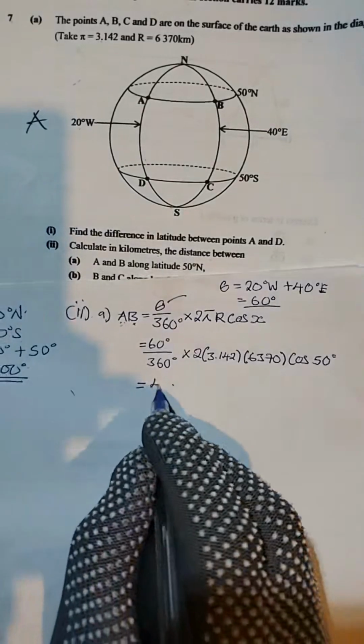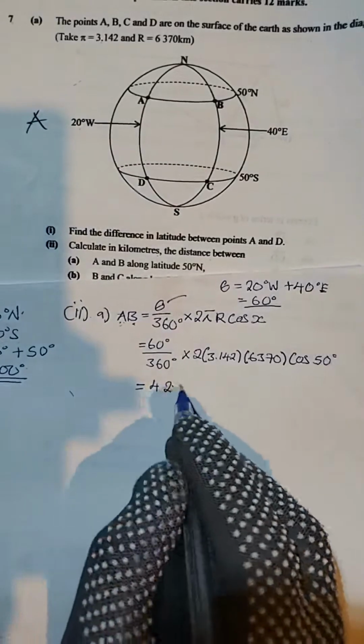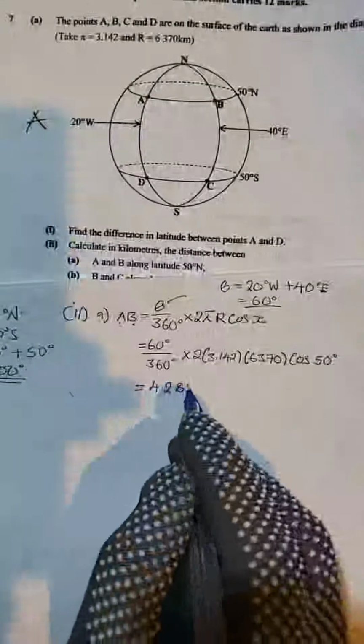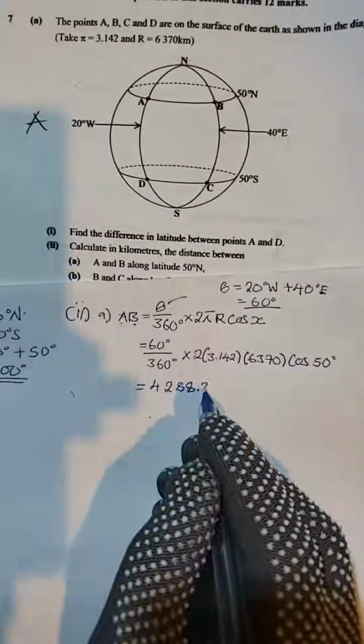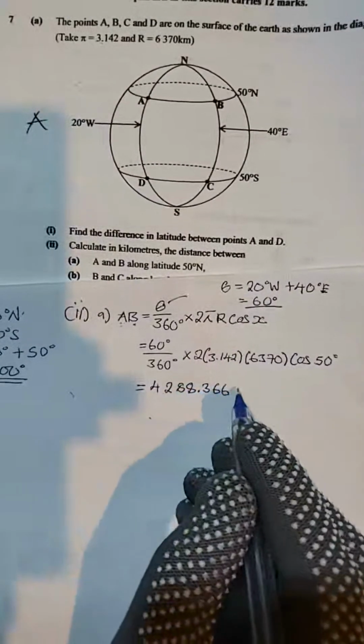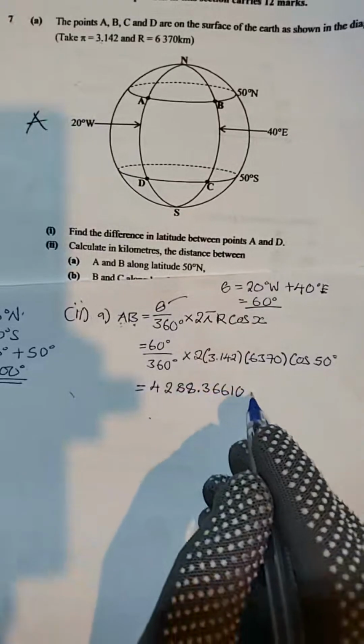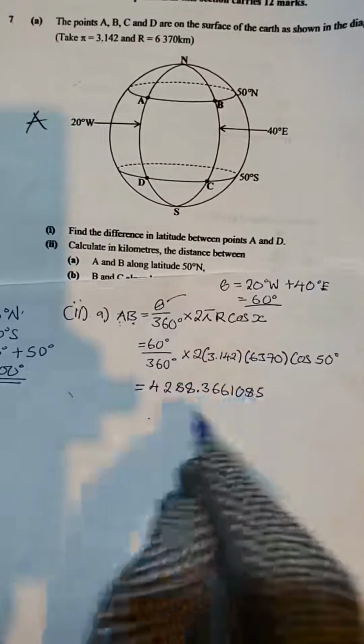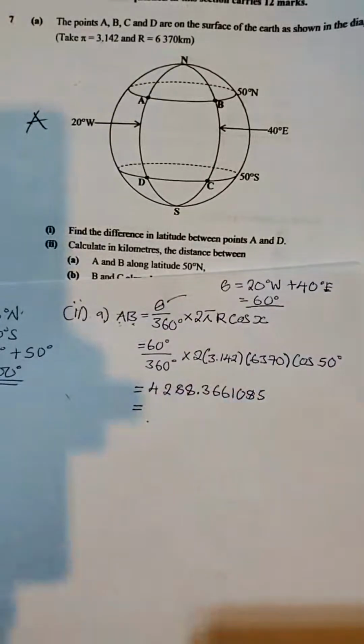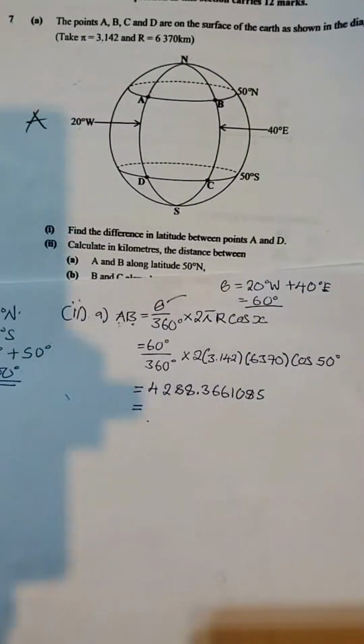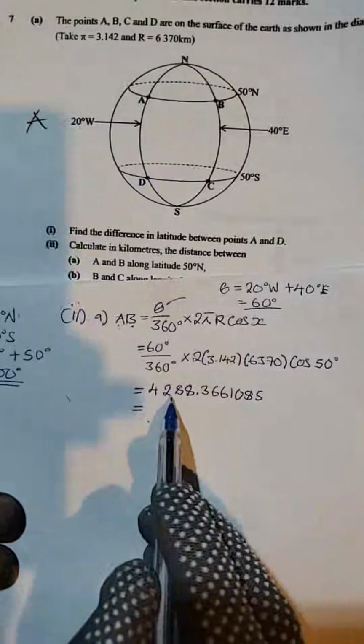So this is giving me 4,288.3661085. So let's leave our answer to 3 significant figures.